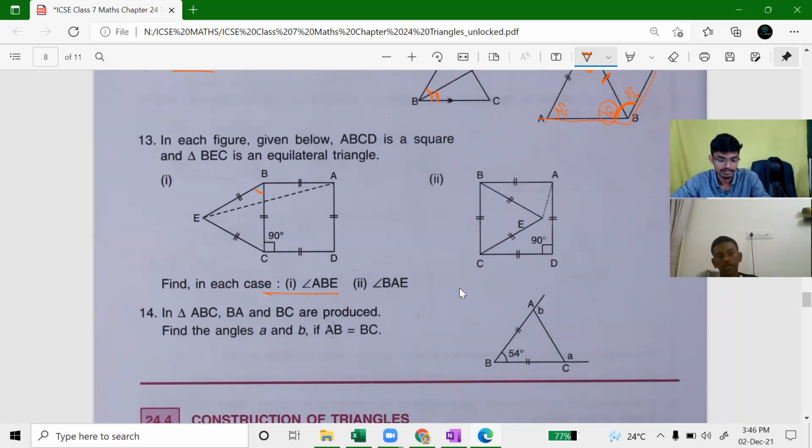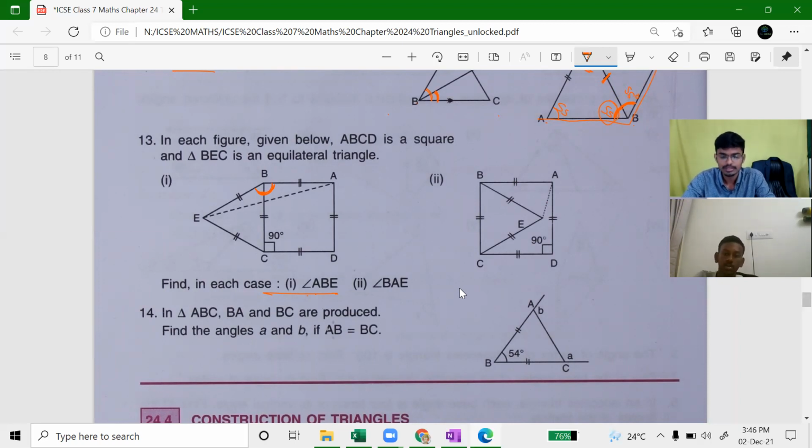Now tell me. We have to find both these two angles. There are a few basic properties for a square, and for an equilateral triangle also. We will discuss both simultaneously.